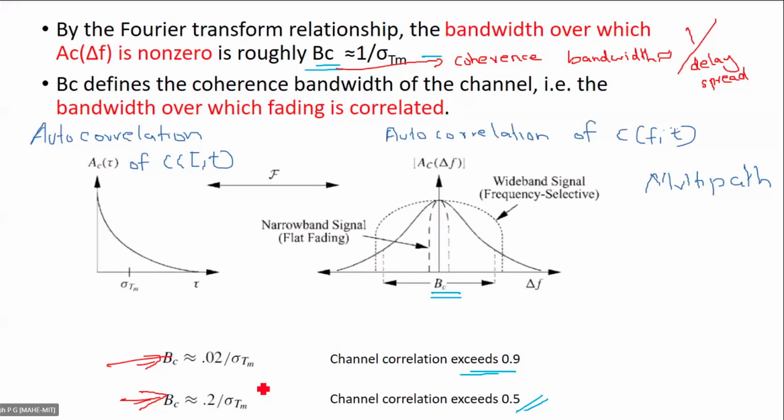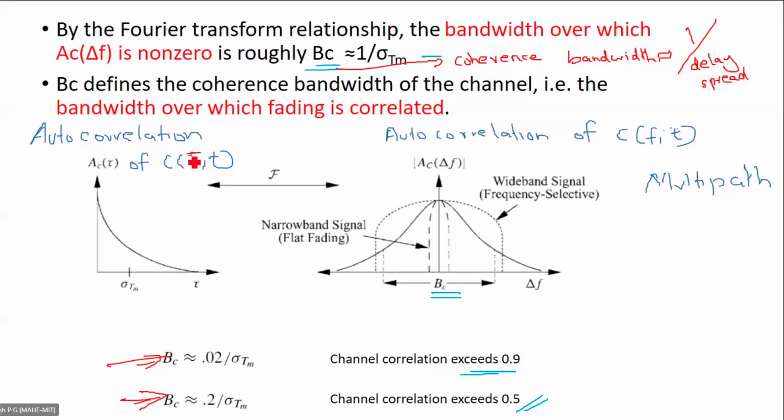It is inversely proportional. Now we'll plot some diagrams. You can see the diagram to the left. We are plotting AC of tau with respect to tau, and this is the autocorrelation of C of tau comma t.